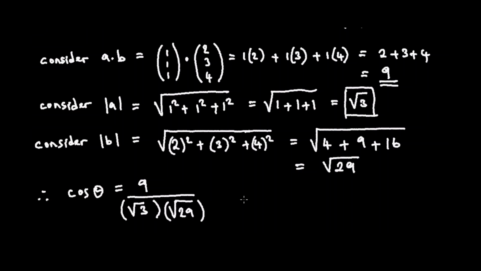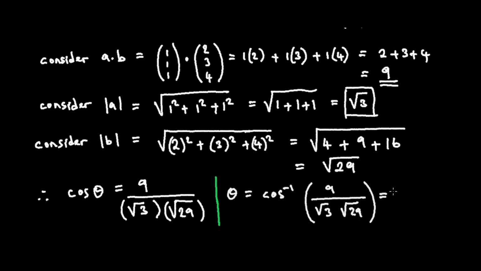I recommend that you don't waste time, and since you go into the exam with a calculator, what you can just do is say this and continue my working here. So we simply write theta is equal to the arc cos of 9 over root 3 multiplying root 29, which is equal to, then you go to your calculator and input it as it is.